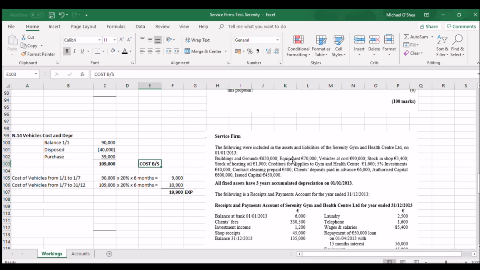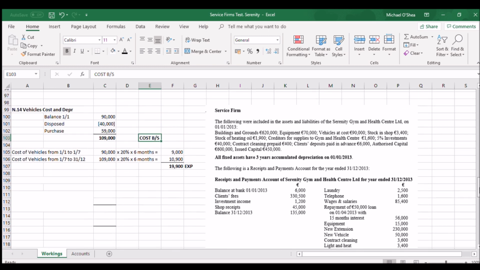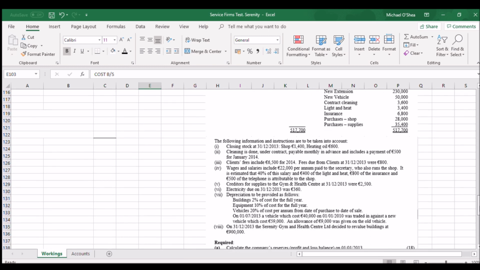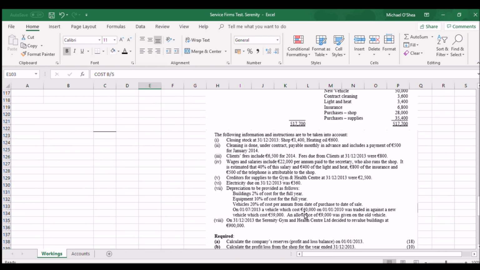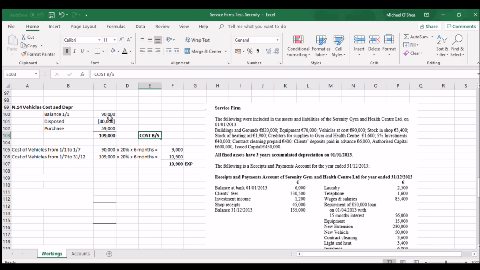So we've 90,000 at the start of the year. We disposed of a vehicle and we purchased a vehicle. The cost of the vehicle we disposed was 40,000, and the cost of the vehicle that we bought was 59,000. So we're going to take away the 40,000, we're going to add in the 59,000 for the purchase. That gives us 109,000 for cost for our balance sheet.